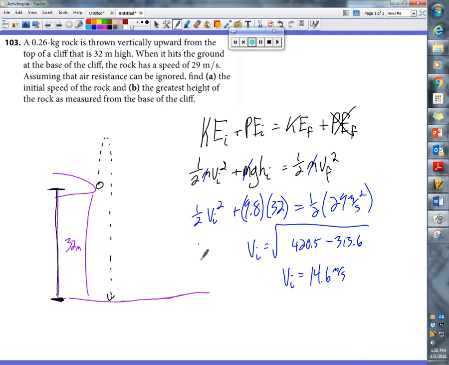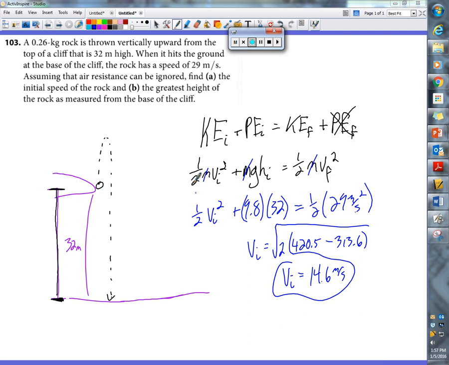Divide both sides by half, then take a square root. Divide by half, the same thing as multiplying by 2. When we plug that in, this is what we get as our final answer. Alright, so again, very good conservation of mechanical energy problem. Final answer: 14.6 meters per second.